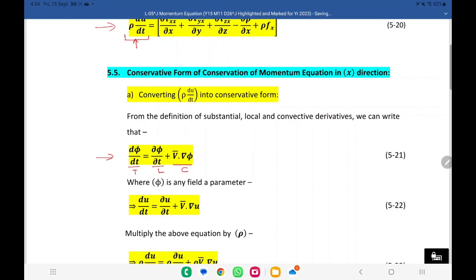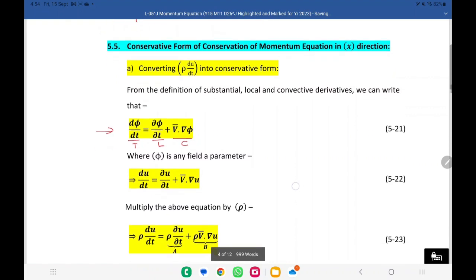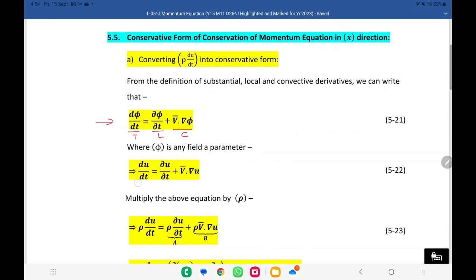Okay. Now what we do, we write du by dt like this. This is for general phi. Phi can be anything. So what I do, I replace phi by u, I get this equation.